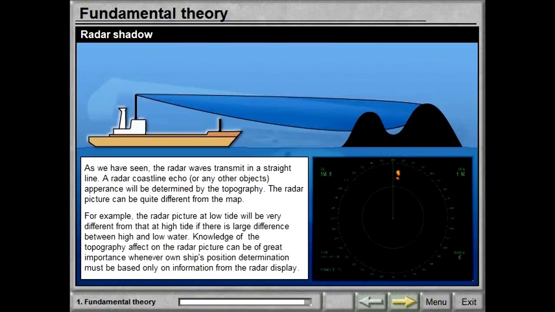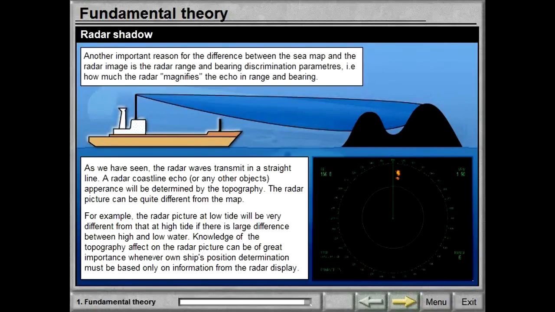For example, the radar picture at low tide will be very different from that at high tide, if there is a large difference between high and low water. Knowledge of the topography effect on the radar picture can be of great importance whenever own ship's position determination must be based only on information from the radar display.